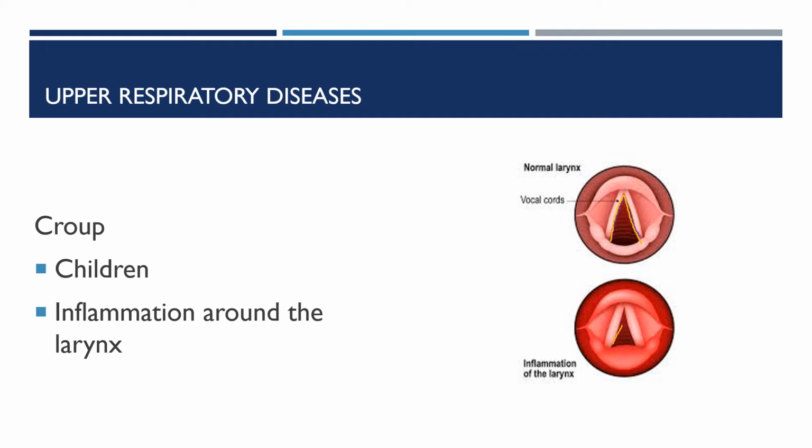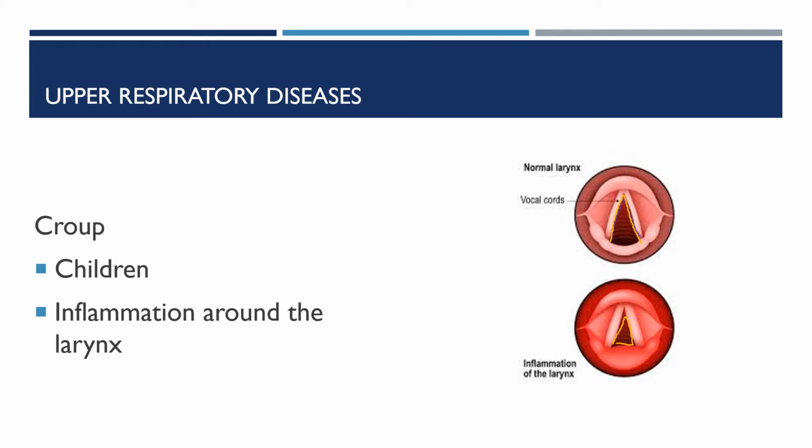And the space in here becomes much more narrow. And as a result, you get this barking kind of cough that comes along. The larynx is irritated, so the body coughs to try to get rid of the irritation. And the cough that's caused, because of the narrowing, is a barking kind of cough.